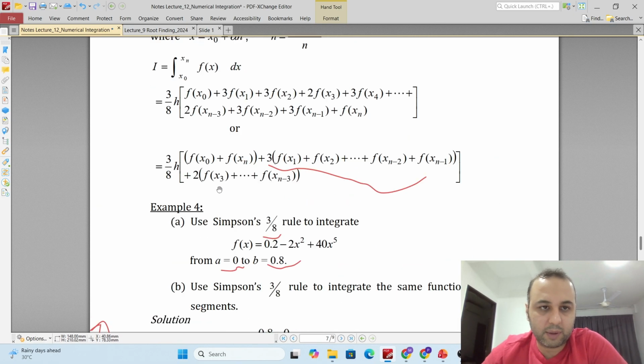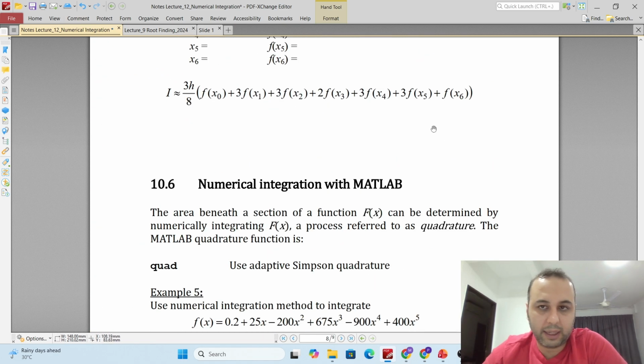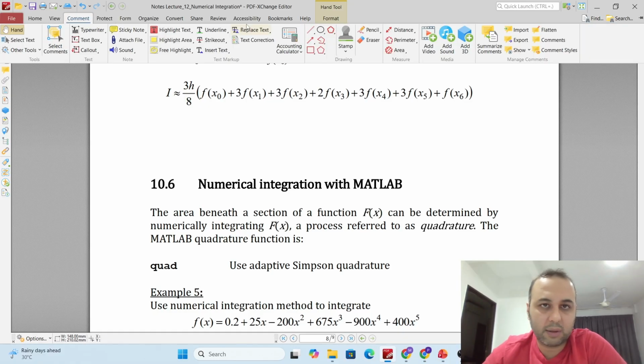If we substitute n in here, n equal to 6, f(x0) plus f(x6), these two.